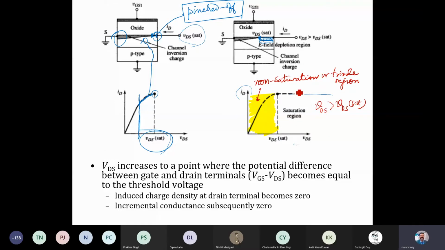We are always talking about the same region, but it is called active in the BJT. Saturation is somewhere here in the BJT, but in the MOSFET this is saturation, so don't get confused. MOSFET devices are mostly operated in the saturation region, whether for amplification or switching.